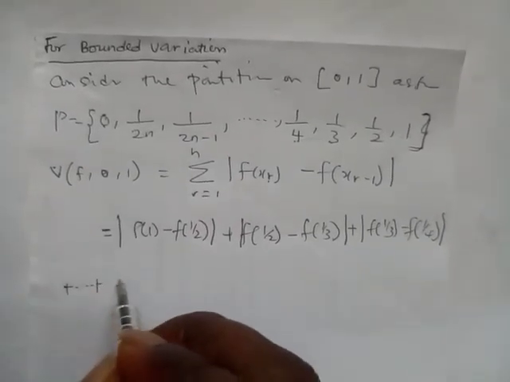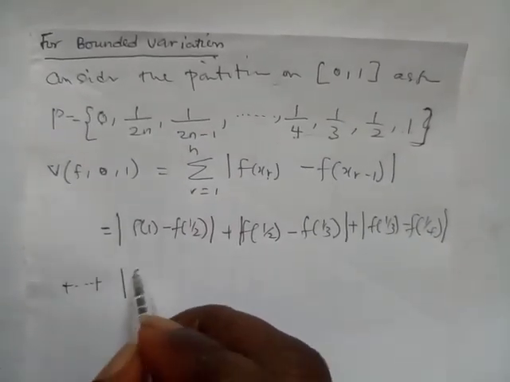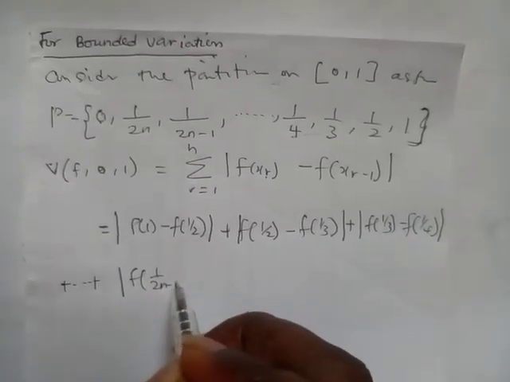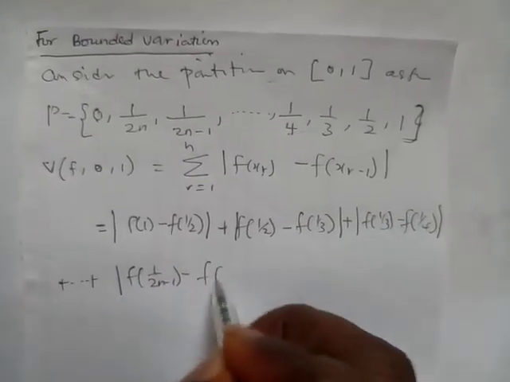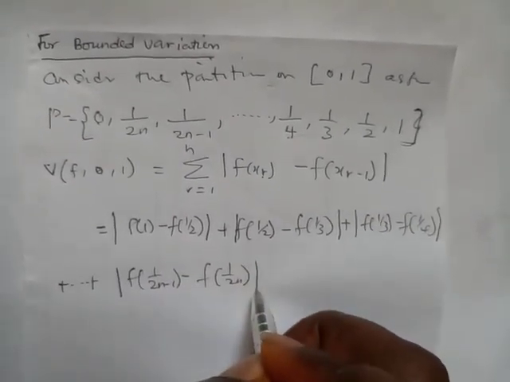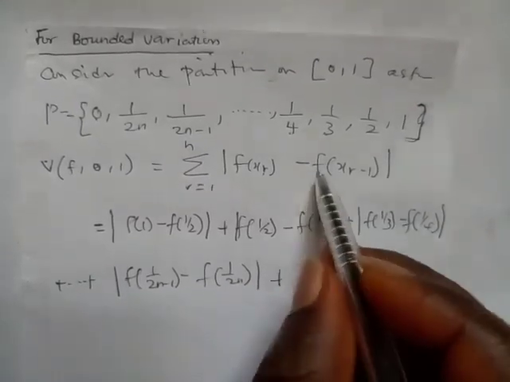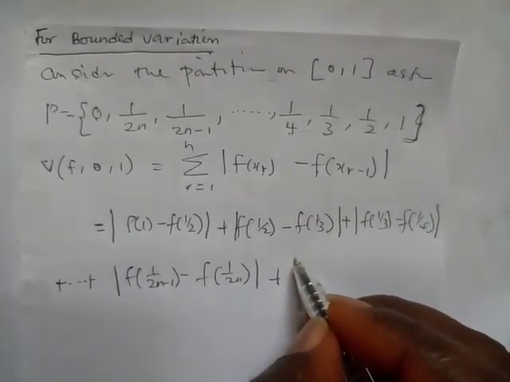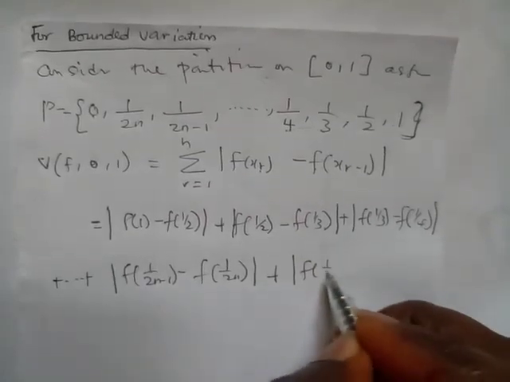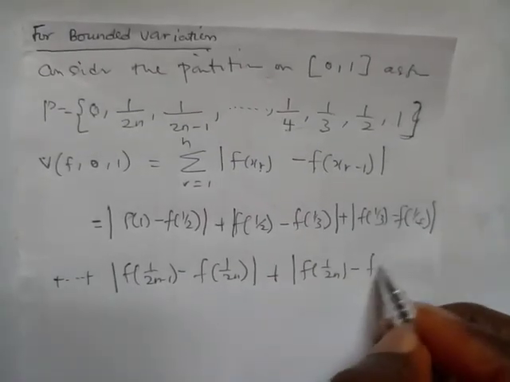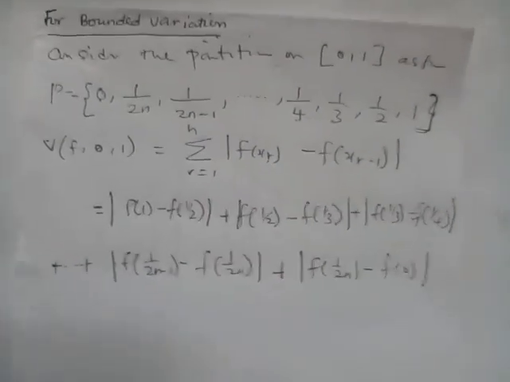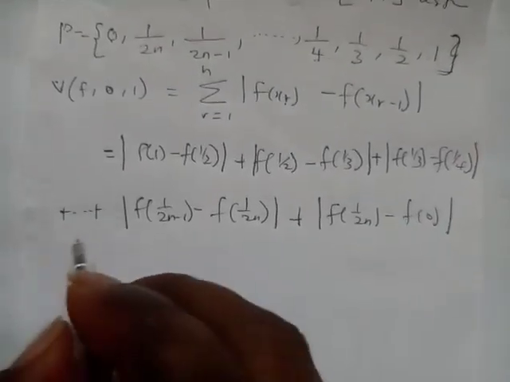It will be going like that until it gets to f of 1 over 2n minus 1 minus f of 1 over 2n, plus f of 1 over 2n minus f of 0. So that will be the last one.